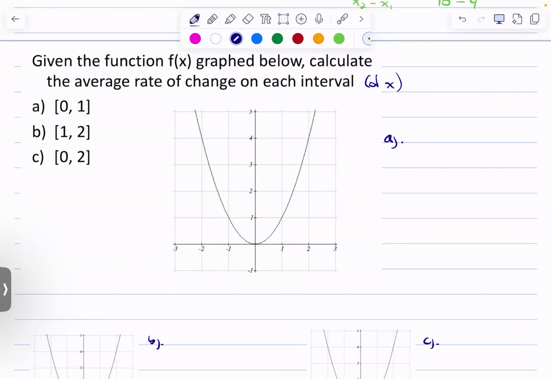A is on 0 to 1, which means I have my inputs, 0 and 1, but I need to find my outputs, and maybe a brighter color here.